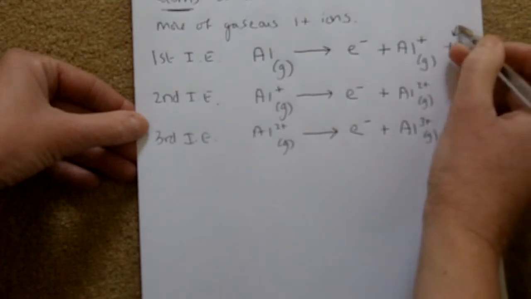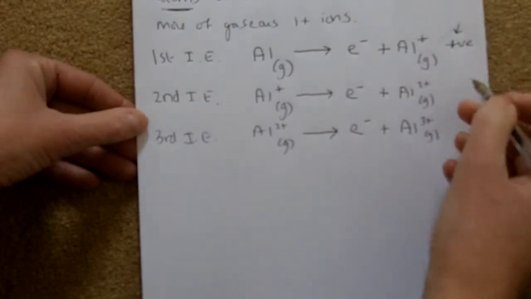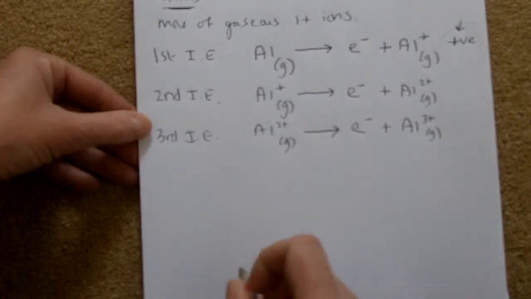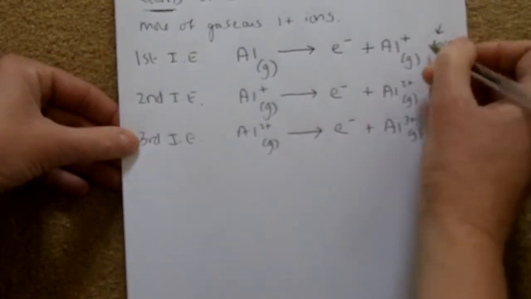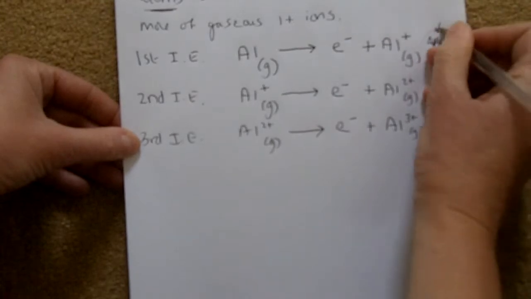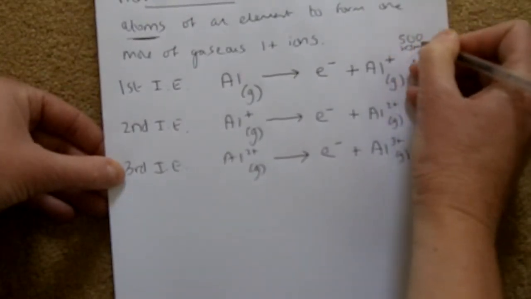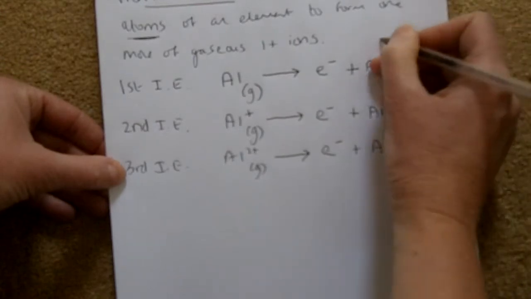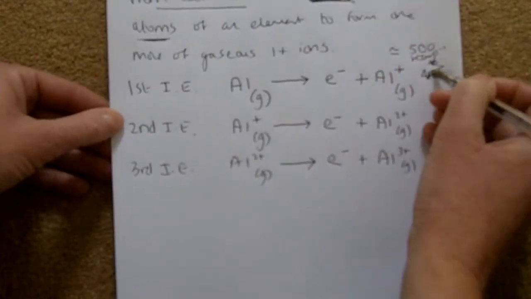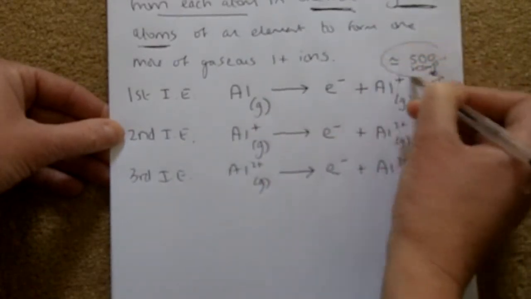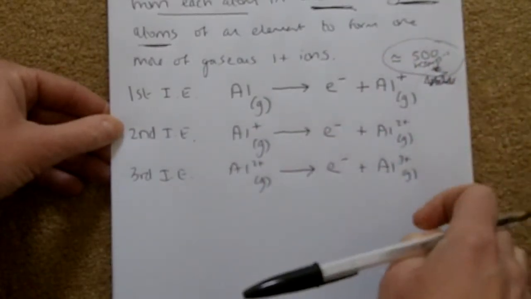Now you need to know how this affects the value for the first ionization energy. I don't know what exactly the value is for aluminium, but let's pretend it's 500 kilojoules per mole, approximately. To remove the first electron from aluminium requires approximately 500 kilojoules per mole.